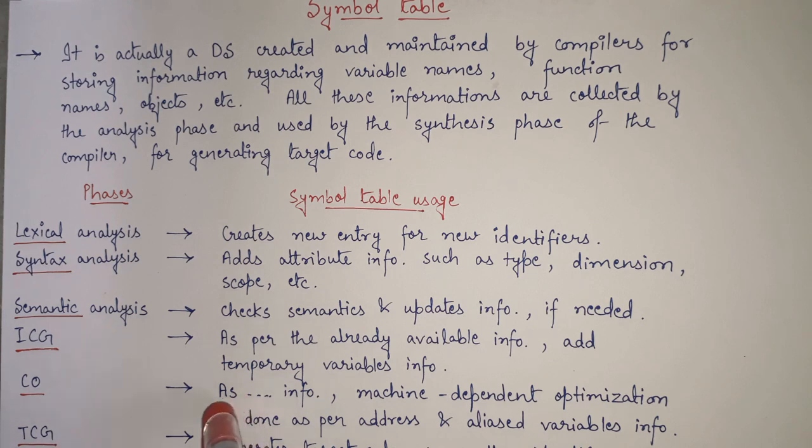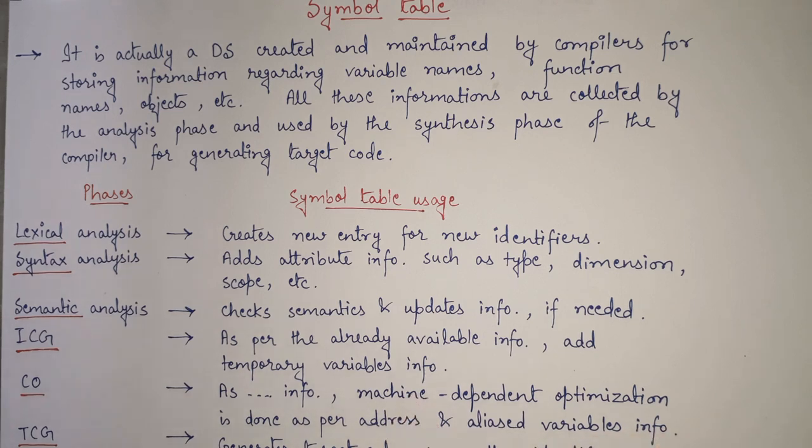Then comes code optimization. What will it do? Again, as per the already available information, meaning the information already available in the symbol table, it will first read that information and based on that, it will do code optimization. It will do machine dependent optimization as per the address and aliased variables information.